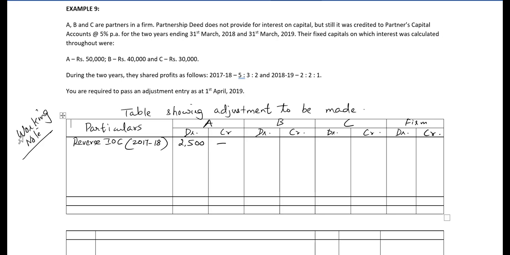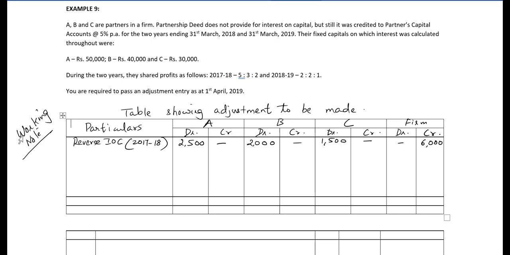B's IOC 5% on 40,000, which is rupees 2,000. And C's IOC 5% on 30,000, which is 1,500. The total of this is rupees 6,000, which I will put in the credit column of the firm.